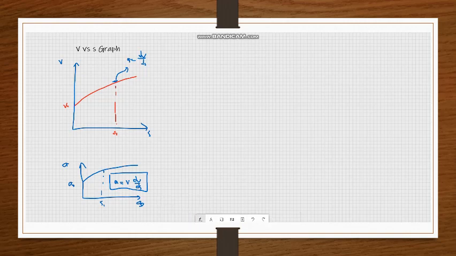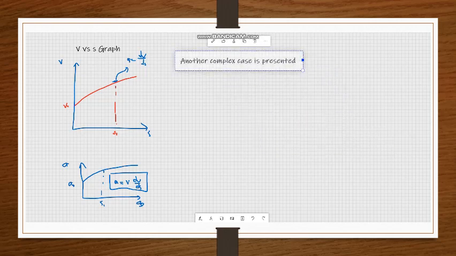Let's define it verbally, and we can finish up this erratic motion. Another complex case is presented by the velocity versus position graph.